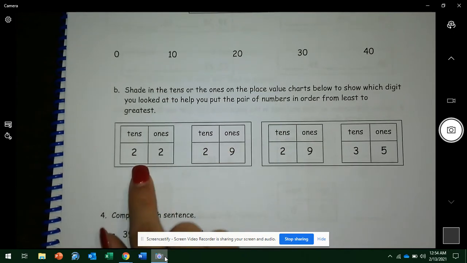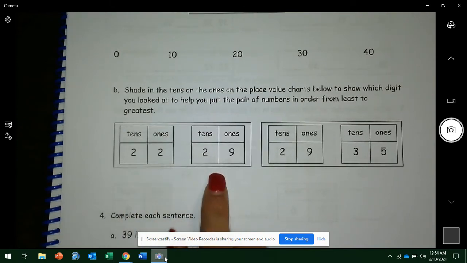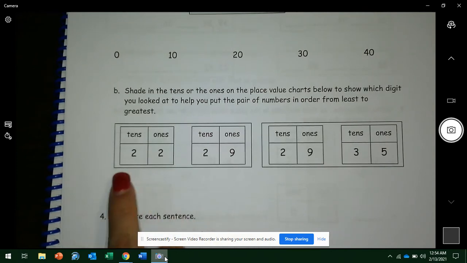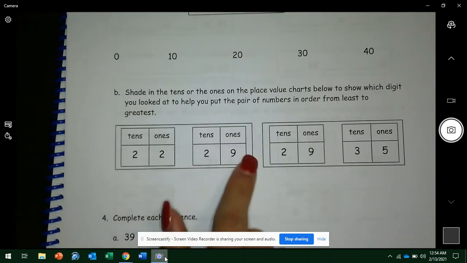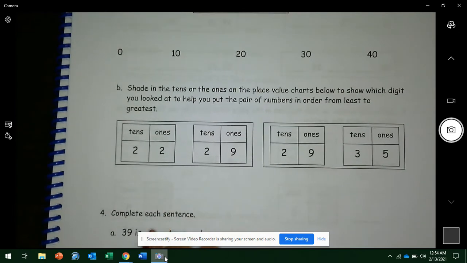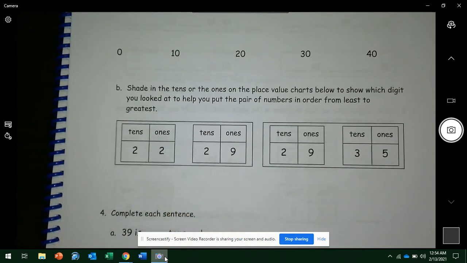So first ask yourself, which number is greater, 22 or 29? Get ready. Okay, so what helped you decide if it was greater, the tens or the ones? Shade it in or circle the place value that helped you decide which one was greater.